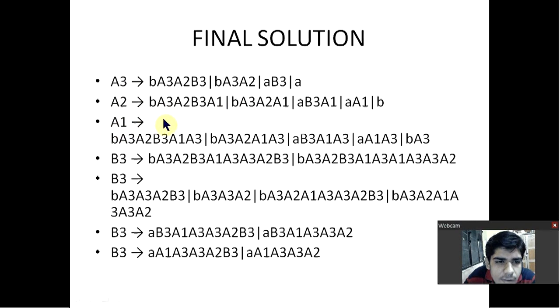Now substituting the value of A2, A3 in A1, all the productions of A1 start with a terminal. And now substituting the value of A1, A2 and A3 in B3, all the productions of B3 also start with the terminal. So this is our final solution, and we have converted our CNF into GNF.